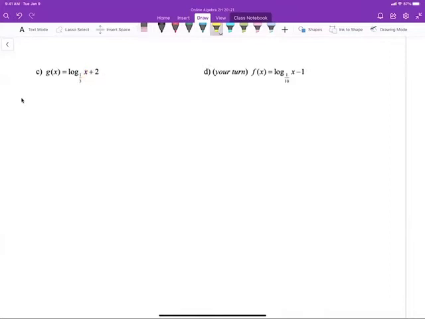So my domain is when x is greater than 0, because my input to my log must be a positive value, and my range is all reals. I have just essentially found my asymptote, which is again a vertical asymptote, and it is located at x is equal to 0.